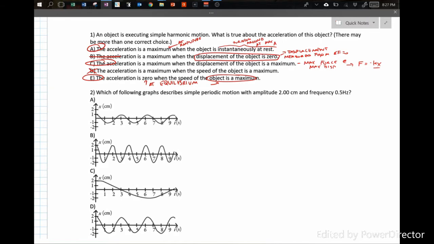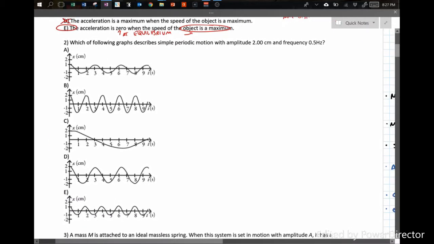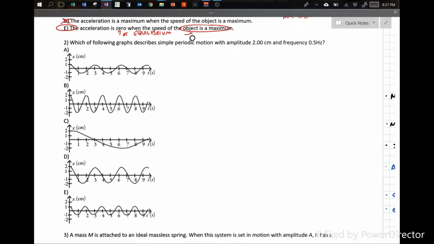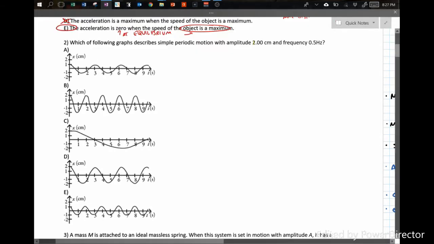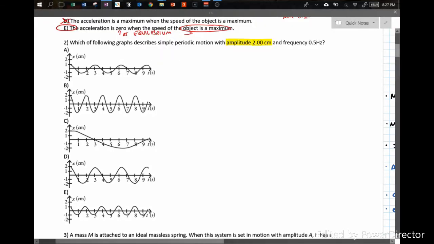Alright, number 2 shows a graph of periodic motion with an amplitude of 2 centimeters and a frequency of 5 hertz. Alright, so there are some words in here that we need to look at and make sure that we know. Amplitude of 2 centimeters.